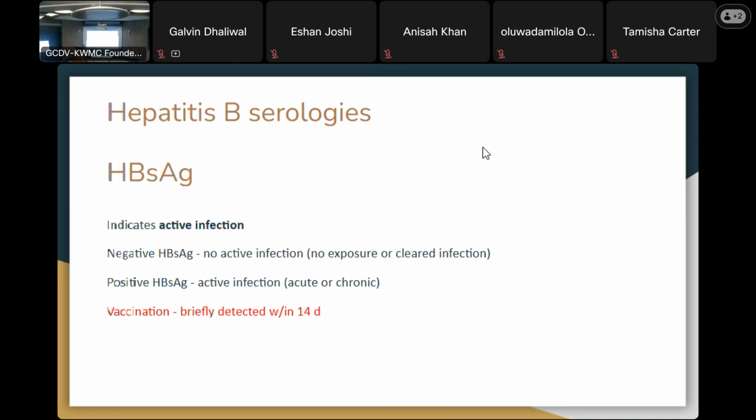So negative could be that they've never been exposed or they cleared it, but it's very, very unlikely that somebody gets hepatitis and they're able to clear the surface antigen. And also important, anything in red is something that we should remember. Post-vaccination, they can have a positive surface antigen for about 2 weeks.